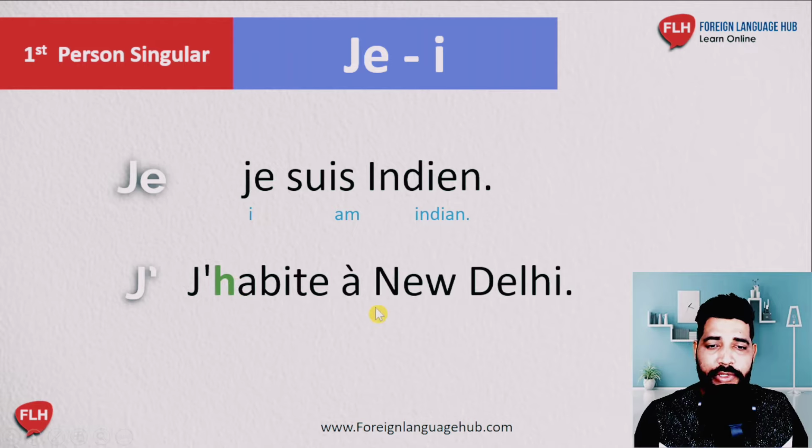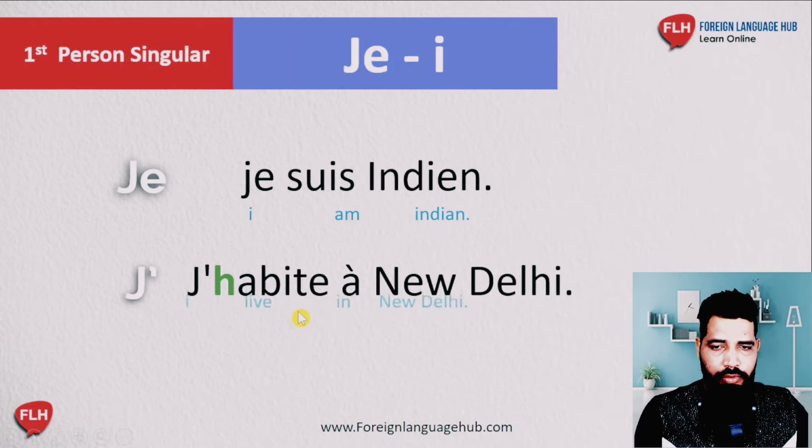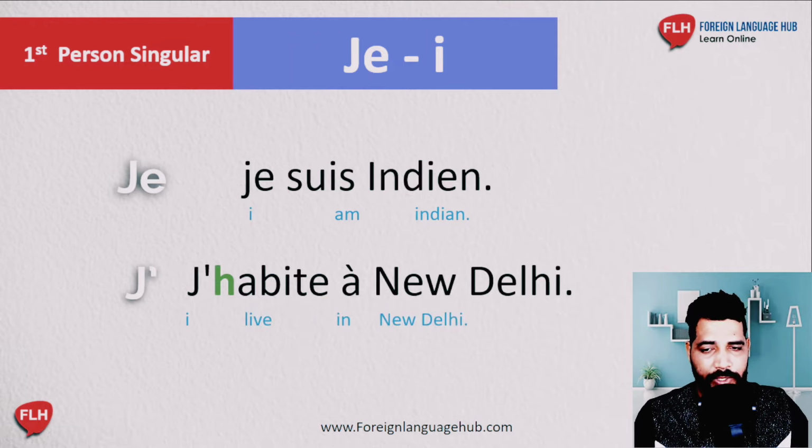So j'habite à New Delhi. I live in New Delhi. Now à doesn't mean in, but in front of any city name you are going to put à, which is an additional thing. I'm just telling you additionally. We are doing subject pronouns, but these are additional things which you can take away from this video. I live in Delhi or New Delhi.